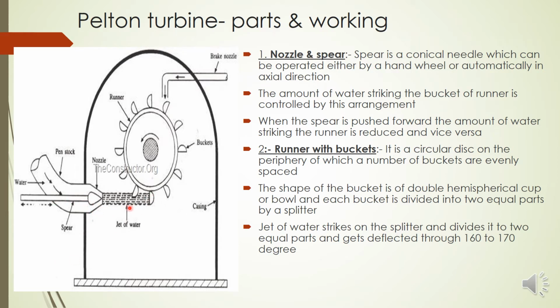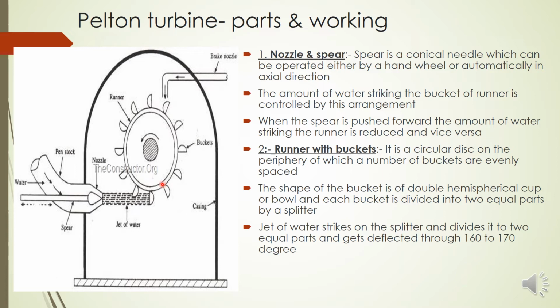After striking, it splits into two equal parts and then reverses, so it is almost 180 degrees. The momentum change is near 160 to 170 degrees, and this momentum change will help to rotate the runner.